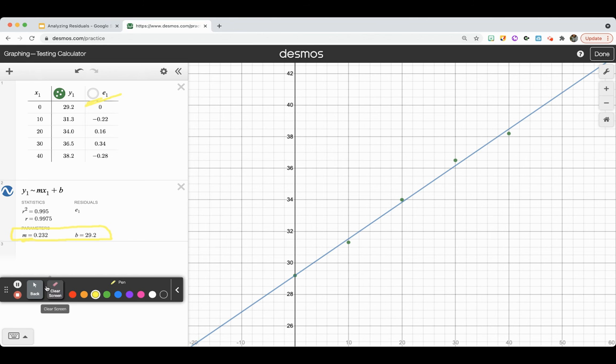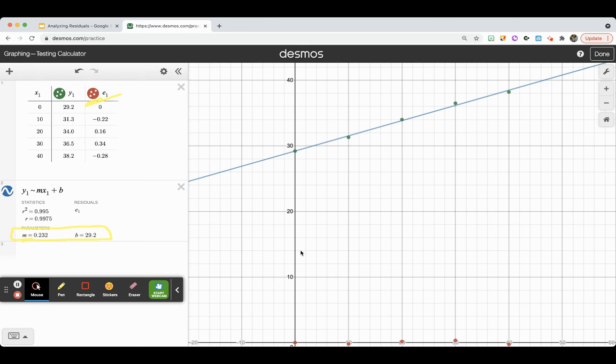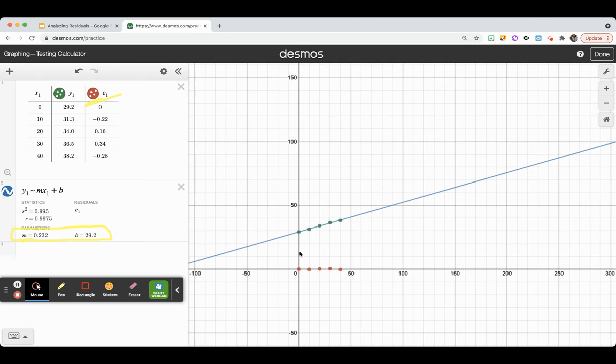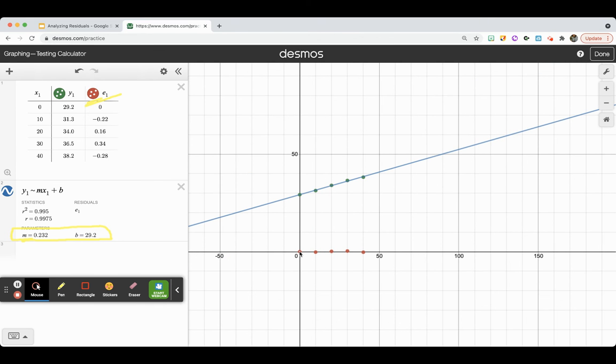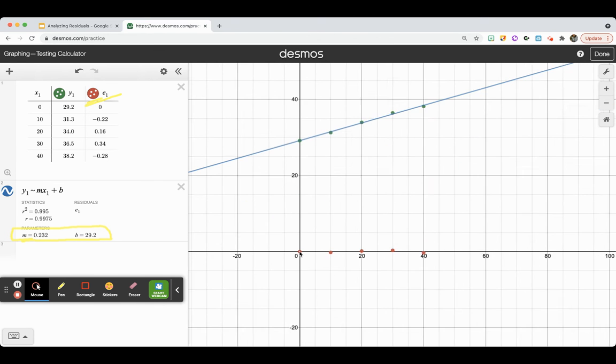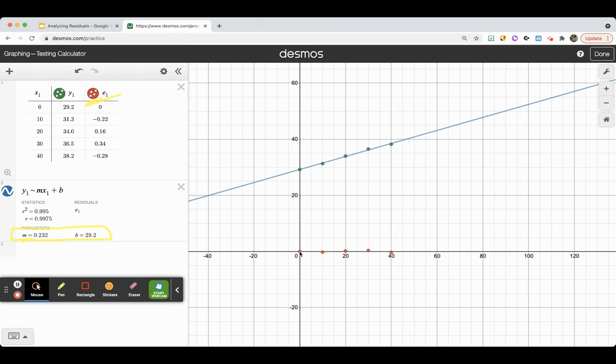Anyways, I talked too much. We are going to turn this particular spot on, and then I'm going to hit the zoom button so I can see the residuals. I can also zoom in and zoom out with two fingers on the trackpad. As you can see, this data is very close and tight to the x-axis.